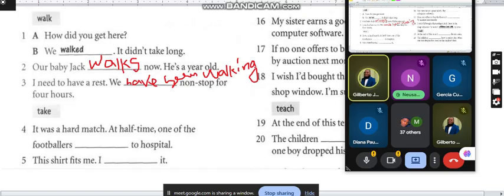So this is the answer to this part of this task, which means number two we use the present simple tense. Number three we use the present perfect continuous. Let's go to number four. Number four is a different verb now.